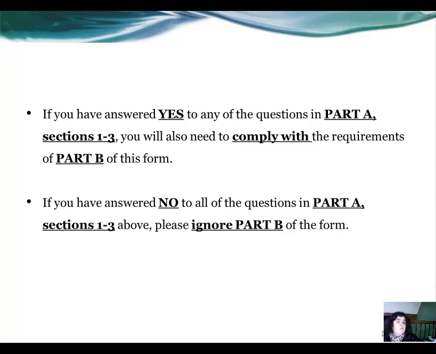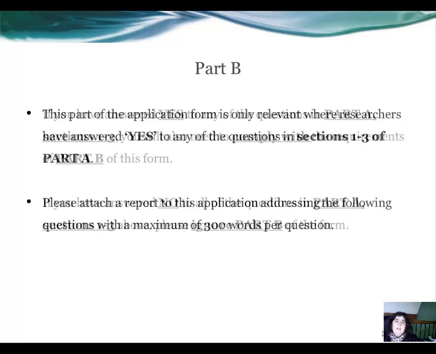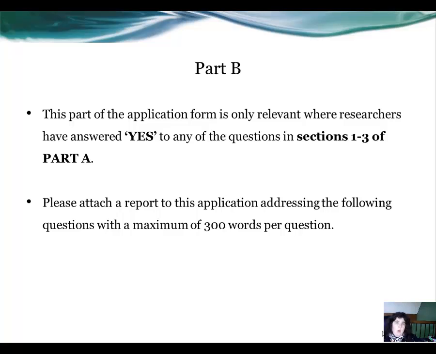If you have answered no to all of the questions in part A, you don't have to complete part B. So what is part B? Part B is further explanation of the potential situations that might arise with human subjects, with subject matter or procedures.